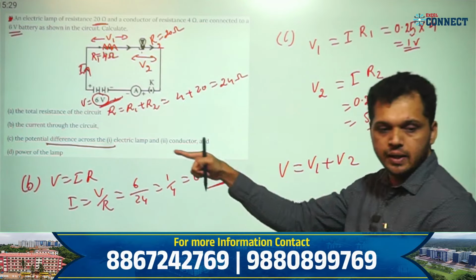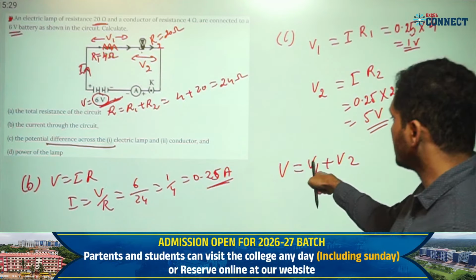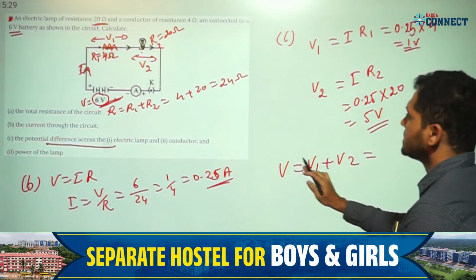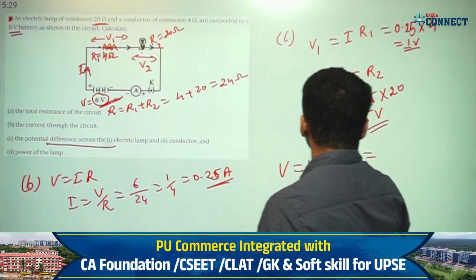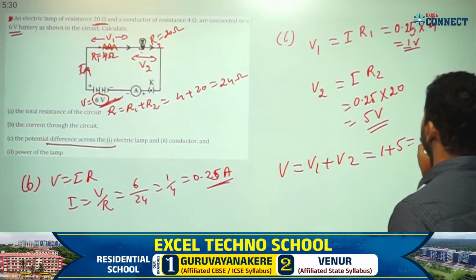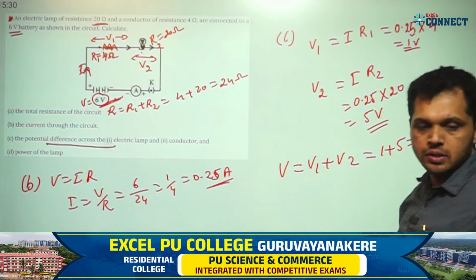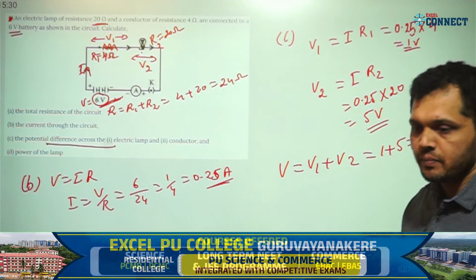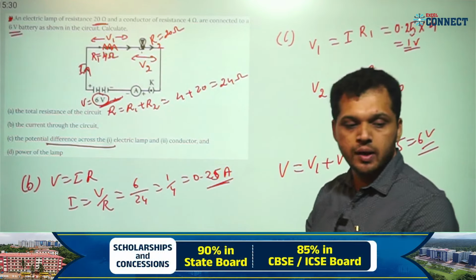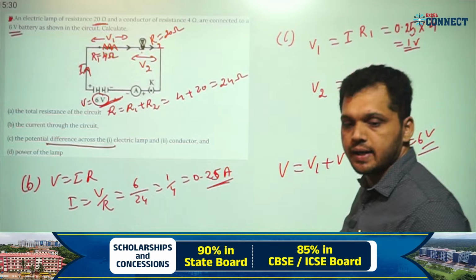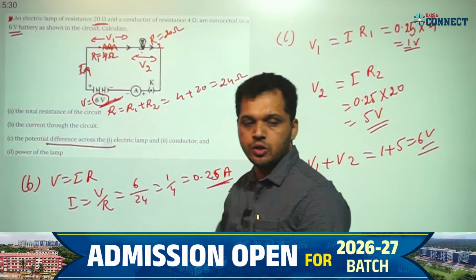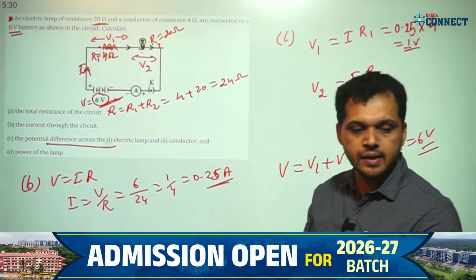It is not in our given question, I am additionally giving this. V1 plus V2, how much we got? 1 plus 5, that is 6 volt. So our calculation is correct. This is cross checking. You have to cross check after getting your answer. If you cross check your answer once again, then you can understand whether it is correct or not. If any mistake is there, you can rectify that.